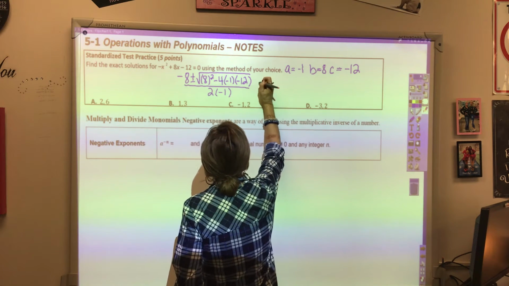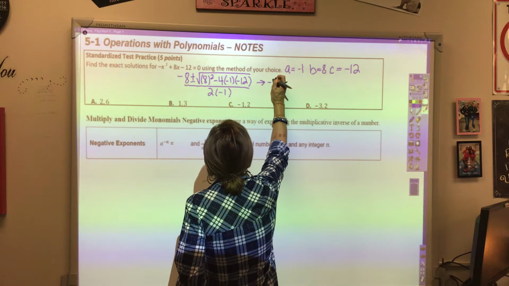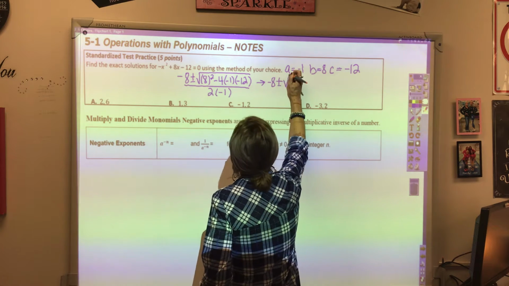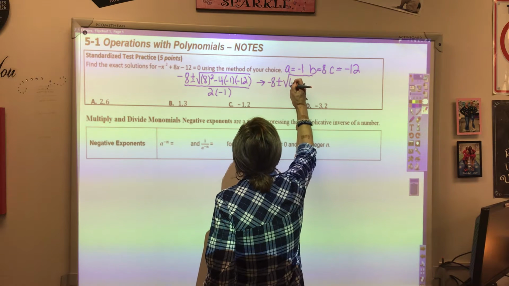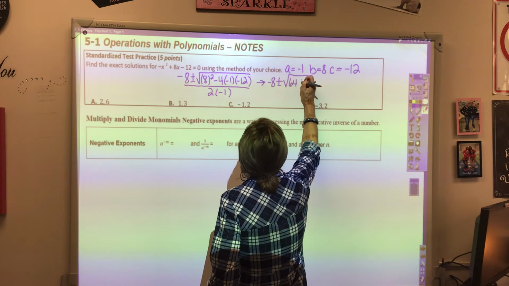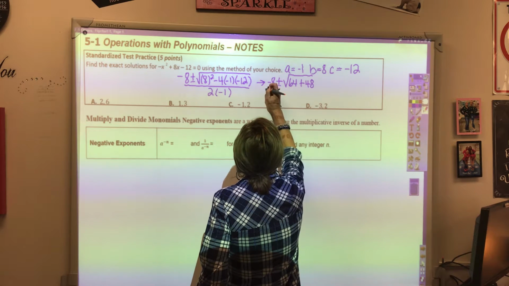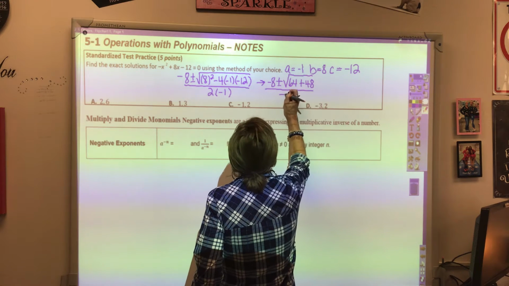So we simplify. We have -8 plus or minus the square root of 64 plus 48, all divided by -2.